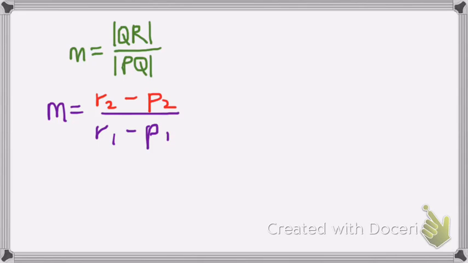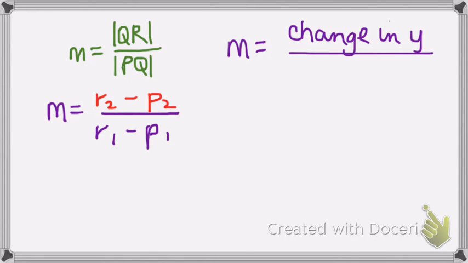So another way we could talk about slope is to say that slope is equal to the change in y compared as a ratio to the change in x, in the x values, okay? So notice that y is in the numerator and x is in the denominator.